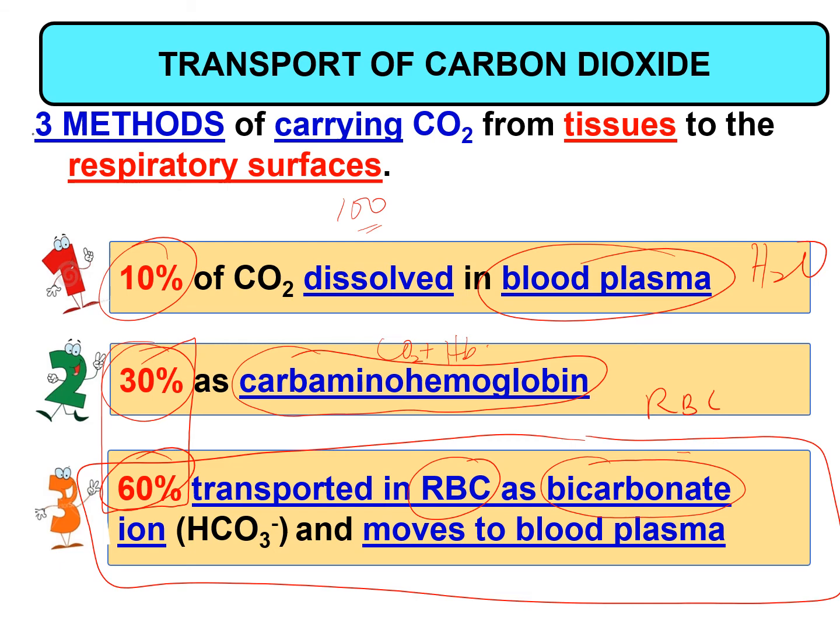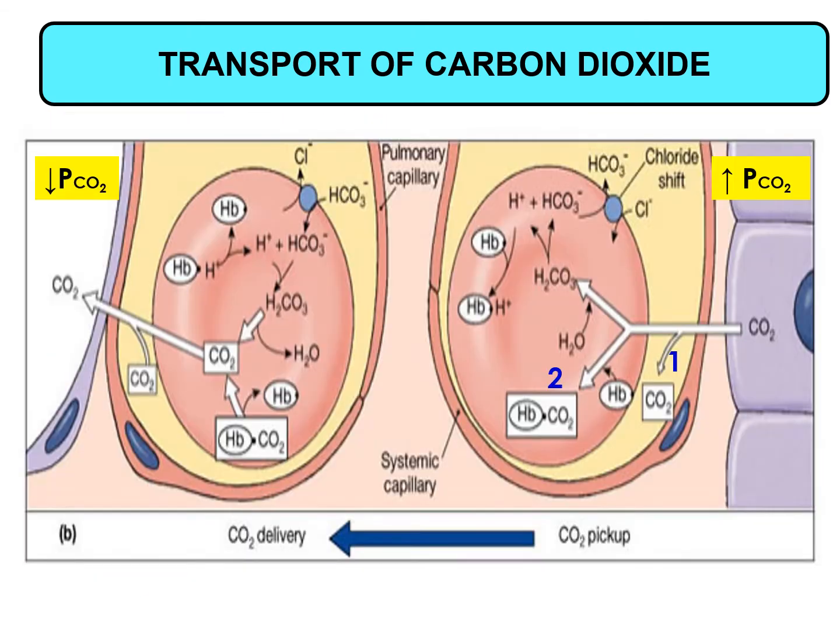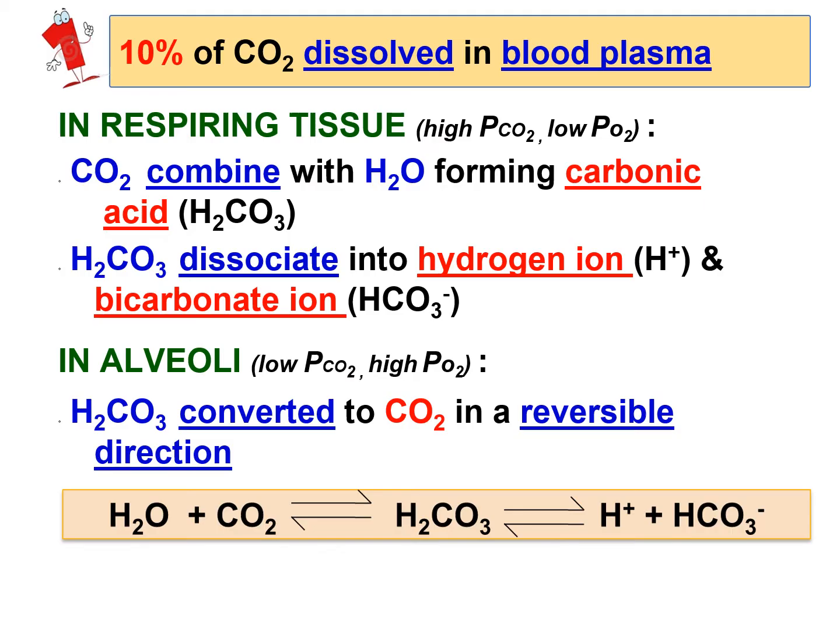When the carbon dioxide dissolves in the blood plasma and the erythrocyte, a further reaction occurs. In respiring tissues, there is higher partial pressure of carbon dioxide and low partial pressure of oxygen.